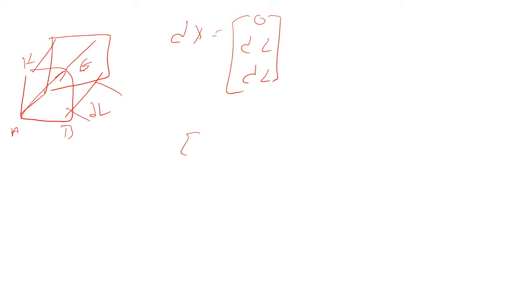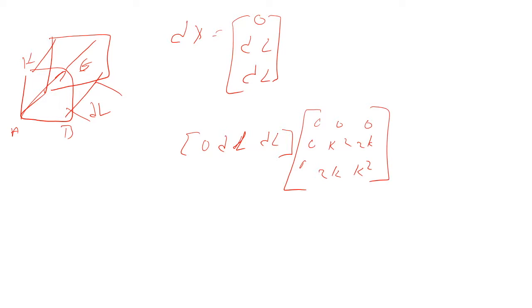And if we do now 0, dl, dl times 2 times our strain tensor, 0, 0, 0, 0, 0, k squared, 2k, 2k, k squared, 0, dl, right? Remember, this is dx dot 2e dot dx, right?